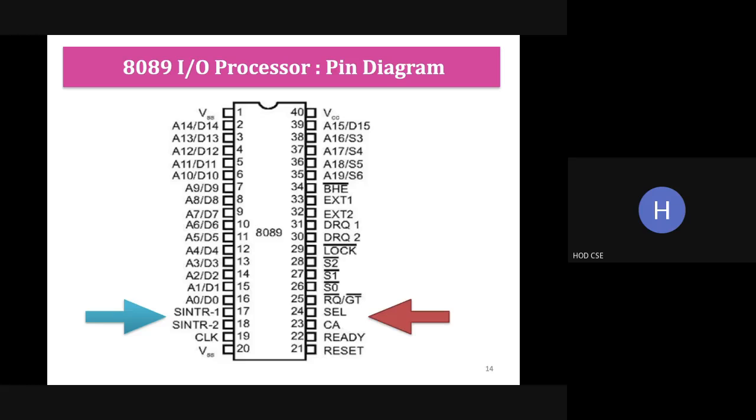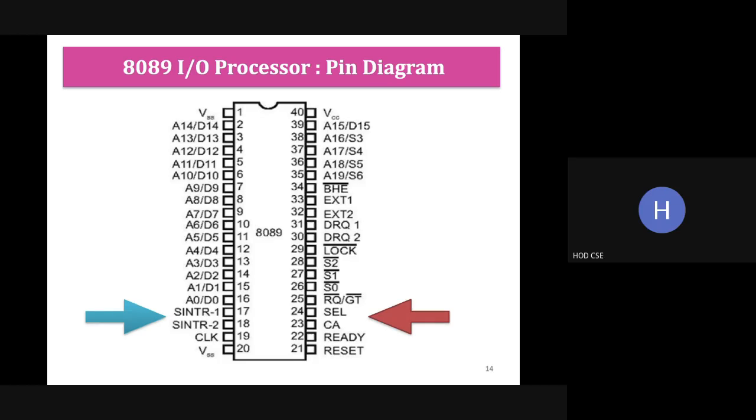Actually, in the 8089 architecture, we have two channels, channel 1 and channel 2. Suppose one device is using channel 1 for data transfer, the other channel 2 can be used by other devices. So we have two channels in the 89 coprocessor, that is the IO processor.